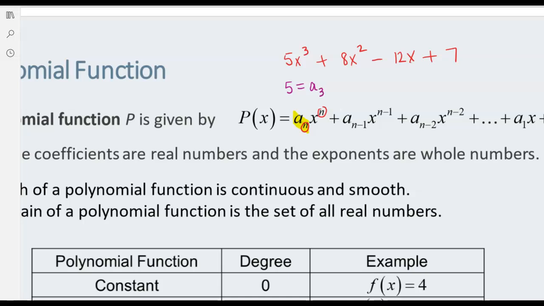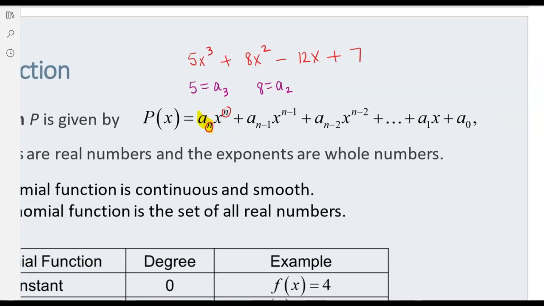It's the coefficient that is associated with x to the third power. We would say that 8 is a sub 2. 5 and 8 are the coefficients that are associated with the variable raised to a particular power.